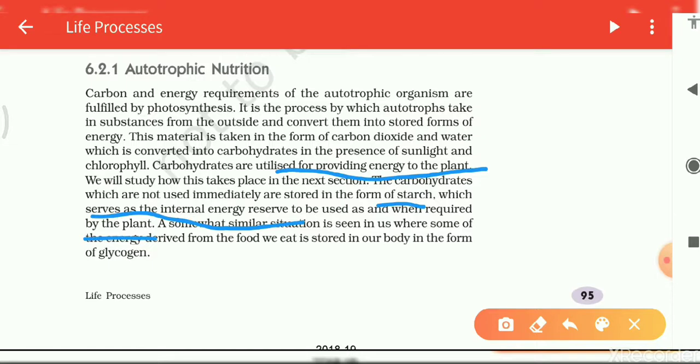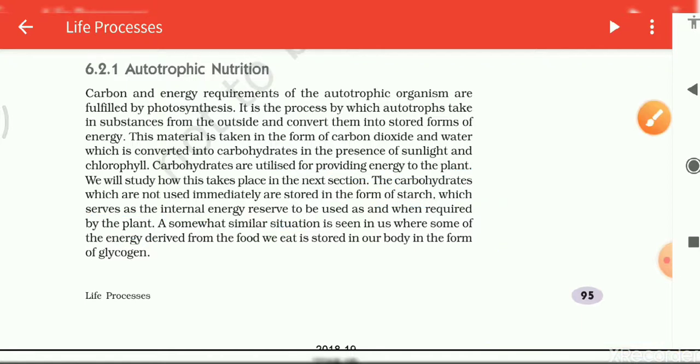A question is also asked: which one is stored in the plant and can provide energy in an emergency? The answer is starch. Somewhat similar situations are seen in us, where some of the energy is derived similarly.